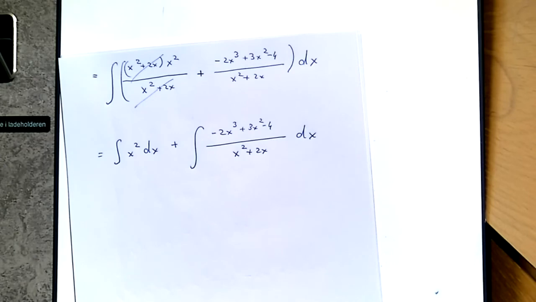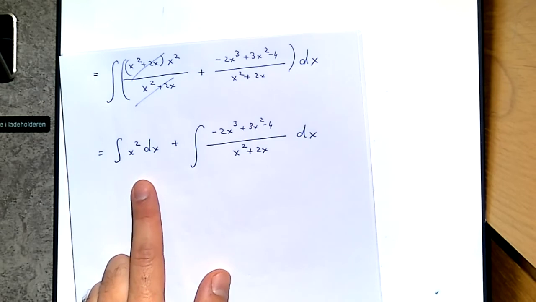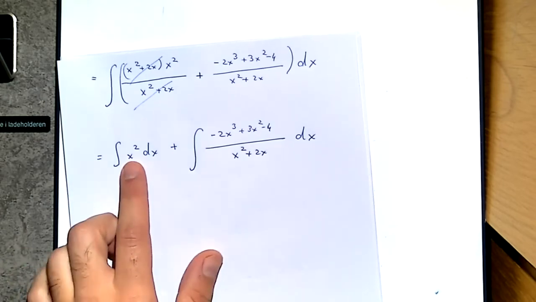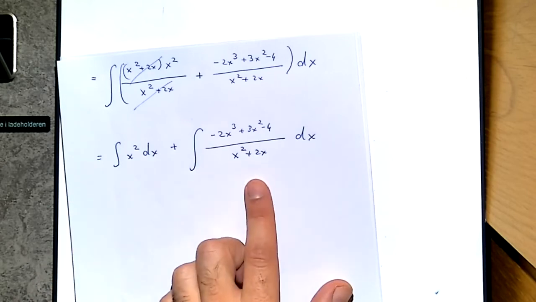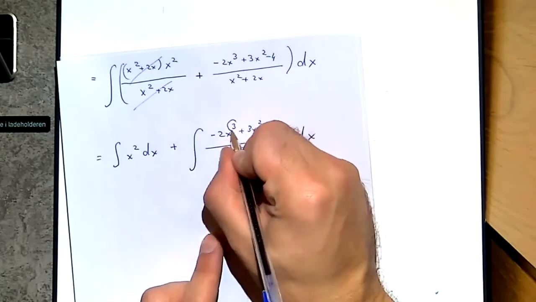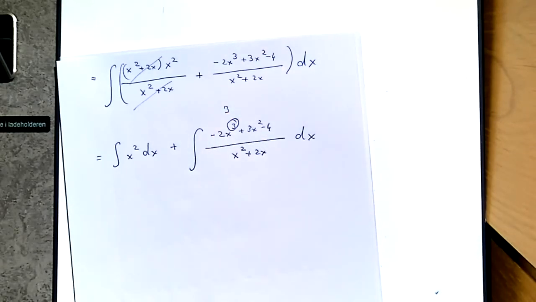Okay? Why is this better? The integral of x squared dx, we know it. We've done it several times. And this is an integral of a fraction, but it has a small power. This is a 3. Before I had a 4. As I said, small powers means you're doing something right.